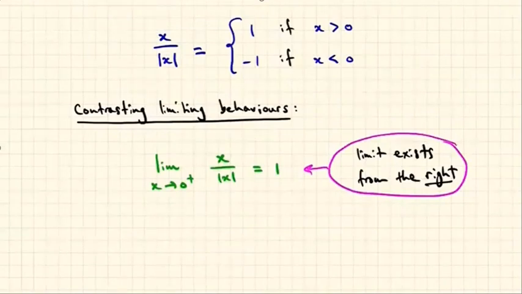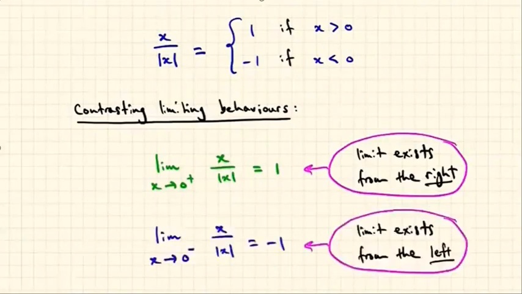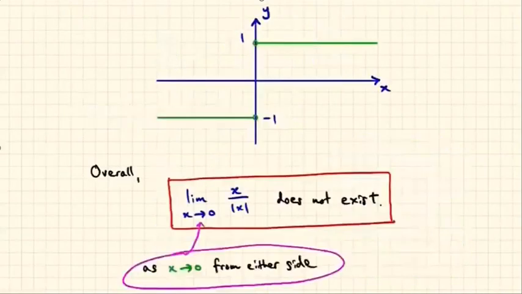However, the overall two-sided limit does not exist, since these two one-sided limits are not equal. In other words, there's no hope of filling in the holes to make the curve continuous so that you can draw it without lifting your pen off the paper.